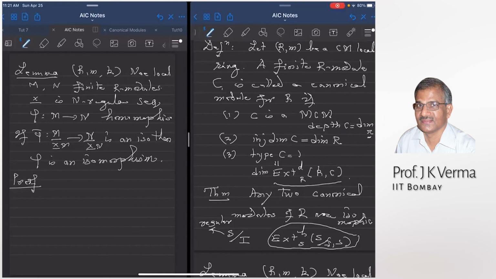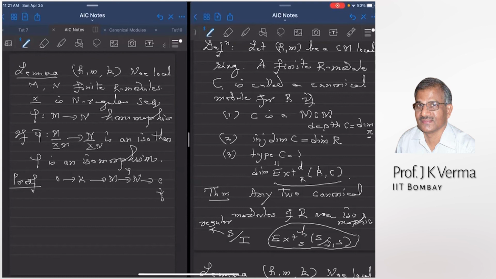Suppose K is the kernel and C is the cokernel. I want to show that K and C are both 0.